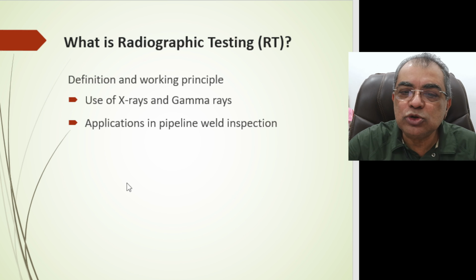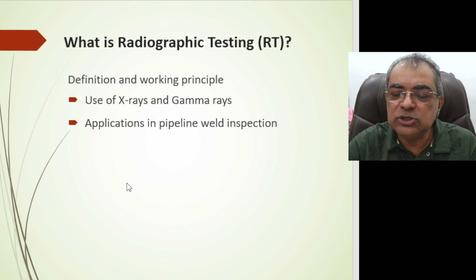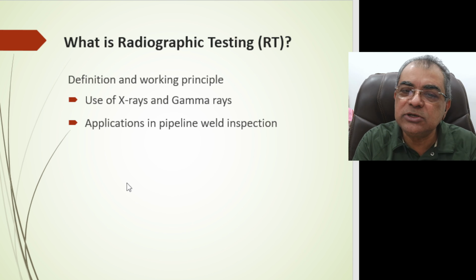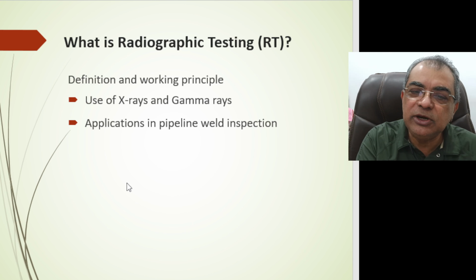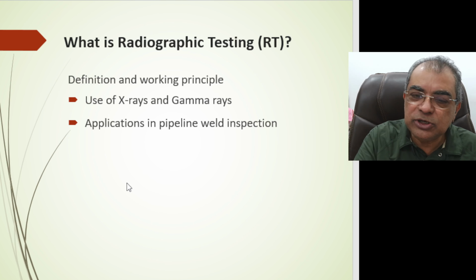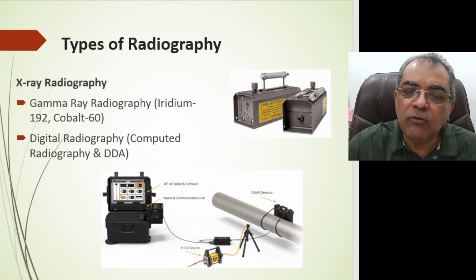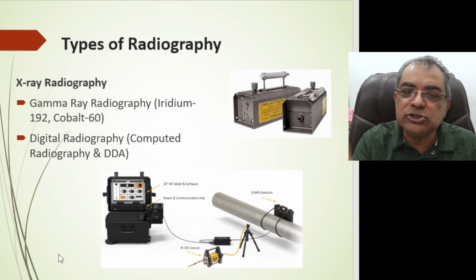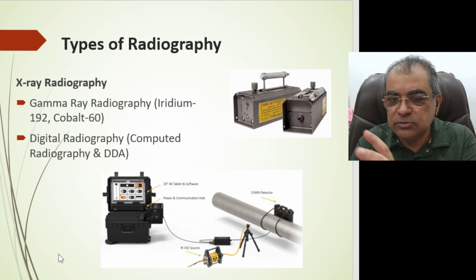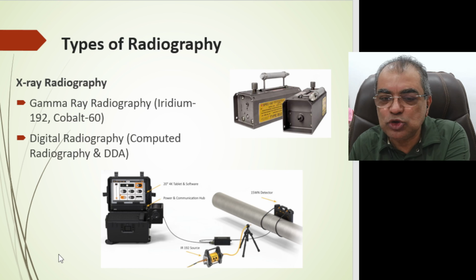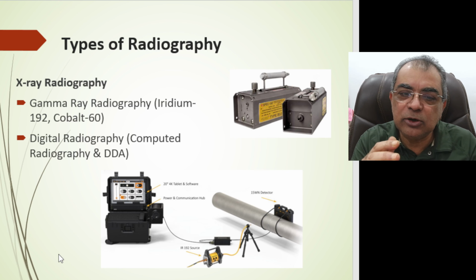X-rays and gamma rays are the two rays used. If you don't know, we will discuss the radiation chart and the things used. There is a gamma ray radiography instrument, and there are two types.